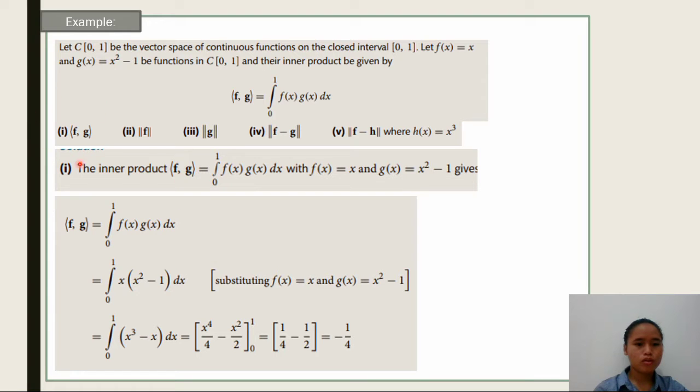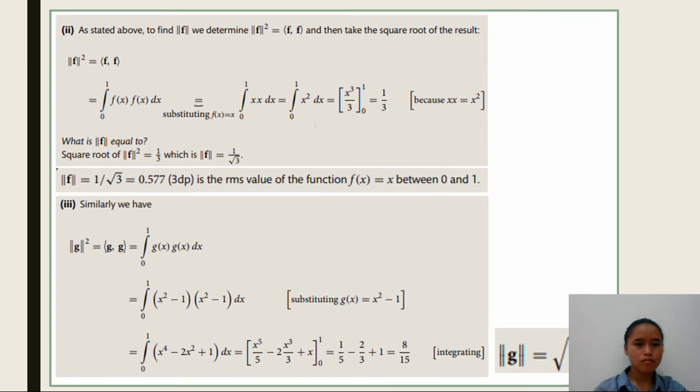For the first problem, we substitute f and g into the formula, and we get the result. For the second, we have the same formula, so we substitute it and we get this.